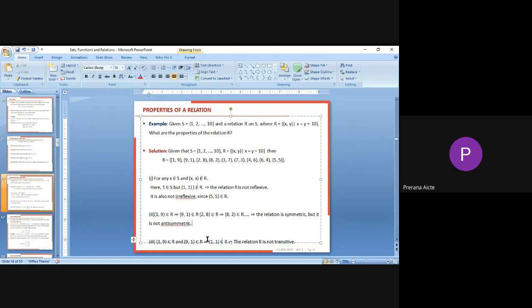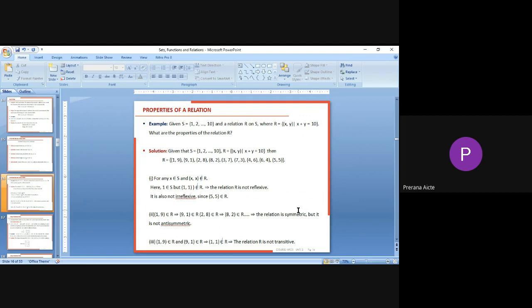Coming to the transitive relation, (1, 9) and (9, 1) mean (1, 1) should be in the relation, but that element is not there. So it is not following the transitive property either. But symmetric may be considered: (1, 9), (9, 1), (2, 8), (8, 2), (3, 7), (7, 3), (4, 6), (6, 4), and (5, 5).